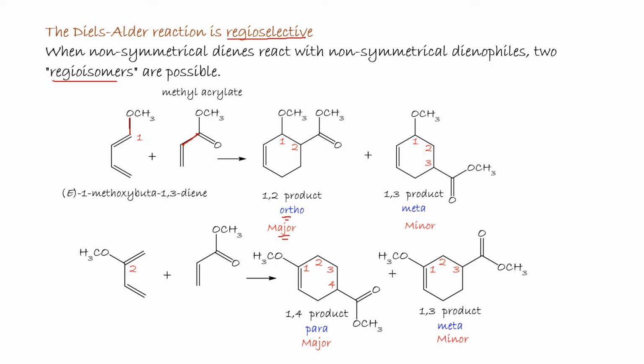We found that this is major, and we could also get the 1,3, which we call meta, as a trace or minor product. When we react the 2-methoxy diene with the same molecule, we get the 1,4 as major, para, and the 1,3 as minor or trace. Why is that? Why does this reaction give one major product rather than the other?